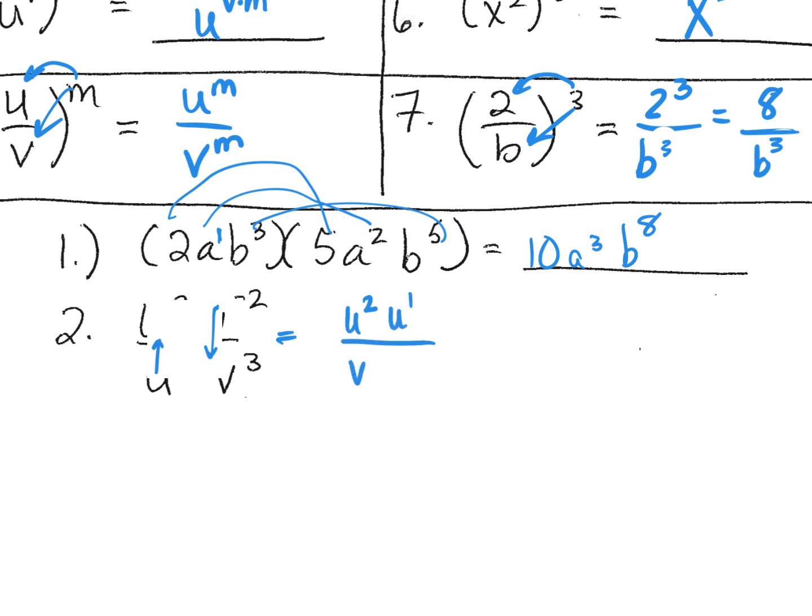In the bottom, we had v cubed, and v to the negative second is going to become v squared. And now we can use our combining rule. So what do we end up with in the numerator? That would be the top. U to the what? Third. Good. And in the denominator, we end up with v to the fifth. Good. Okay? So far, so good?